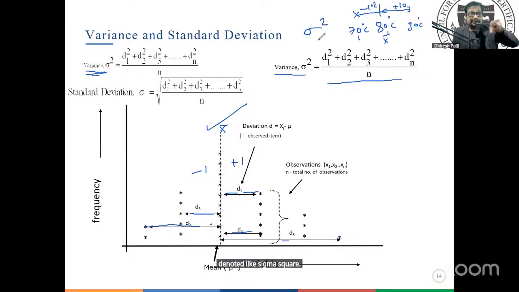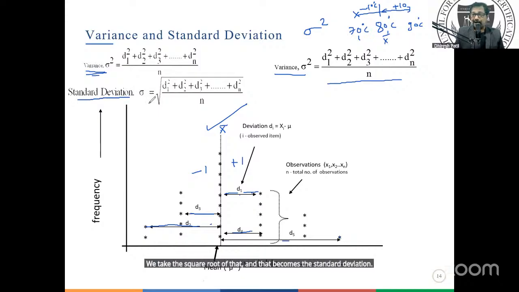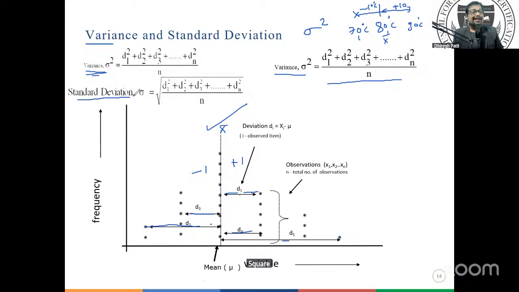Why square? Because we have taken the squared value just to avoid this positive and negative clash. Are you clear? Now, because we have taken the squared value, we take the square root of that, and that becomes the standard deviation. Standard deviation, sigma, means the square root of the entire variance value.